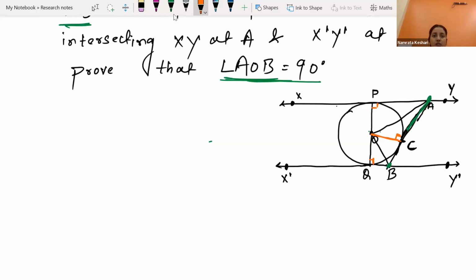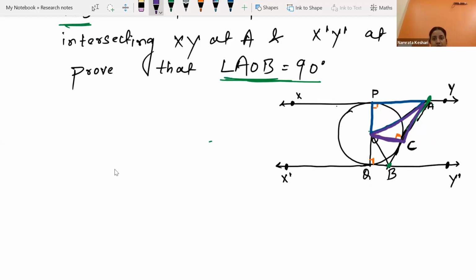Now, if we focus on this triangle and this triangle, is it possible to say that these two triangles are congruent with each other?